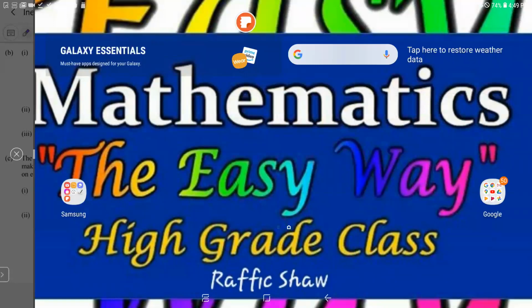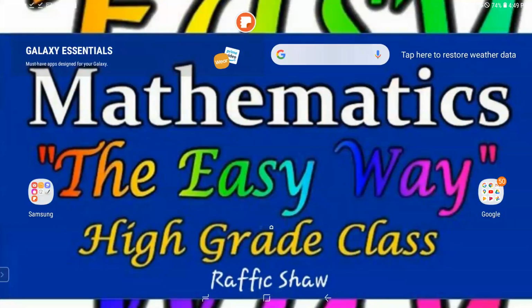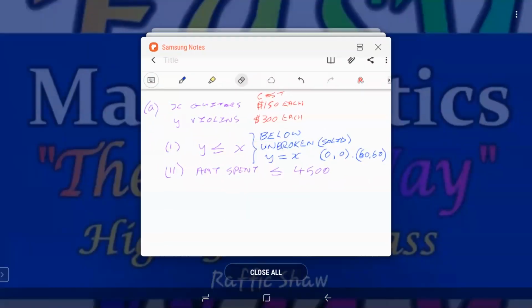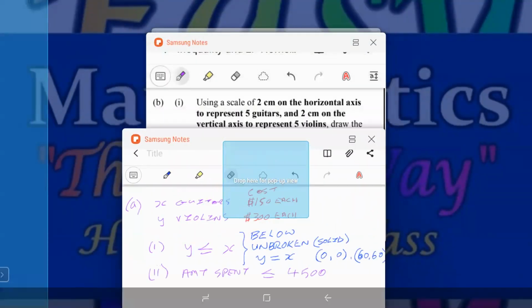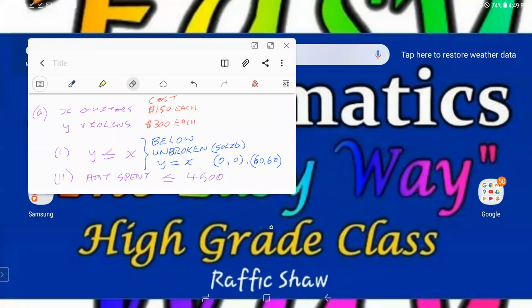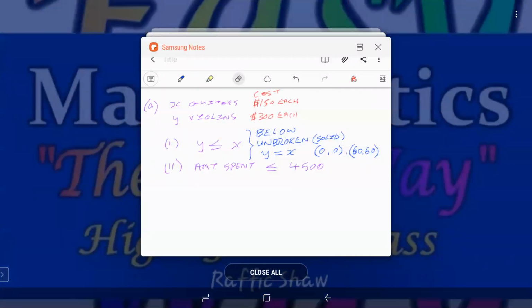Not working. I can't get it to work. All right, let's use these two. We can come back to the thing afterwards. I'm not getting it to work how I want it to work.